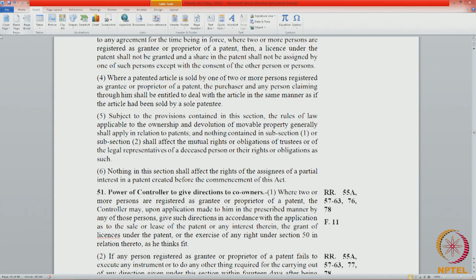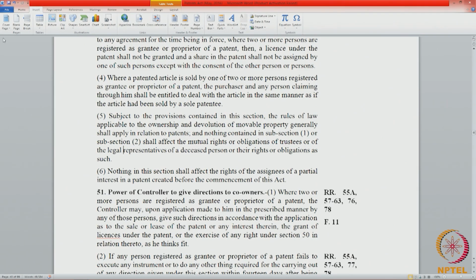If C dies, then C's legal representative will take over C's shares. Then it will be as though C's shares are governed by the same rules as we saw in this section, but now it will be controlled by the legal representatives. So, nothing shall affect the rights of the legal representatives by virtue of what is there in this section.